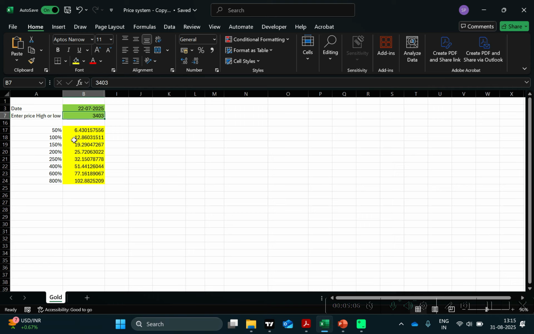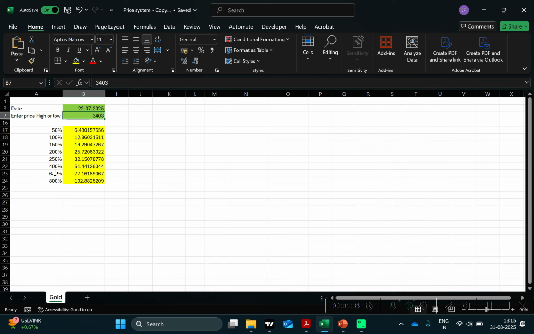The 100% range is 12.86. 50% of that is 6.43. 150% of 12.86 is 19. Then 200%, which is double of this, is 25.72. And this is 250%, 400, 600, and 800%.